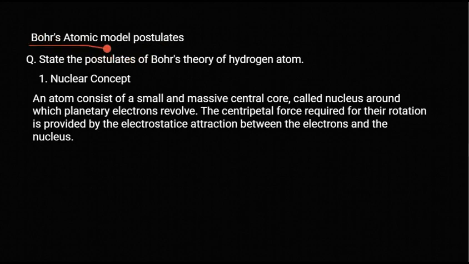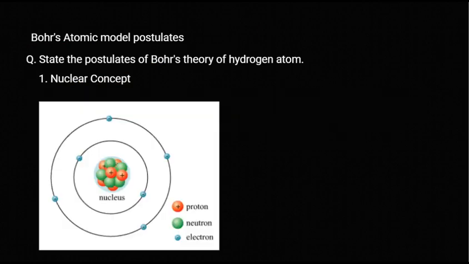Before we start with Bohr's atomic model, let us start with Bohr's atomic postulates. The first postulate is the nuclear concept. This nuclear concept states that, just like Rutherford's model, Niels Bohr said that an atom consists of a central massive core. This central massive core is positive in charge because of protons.